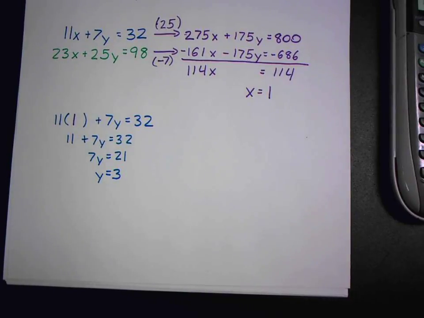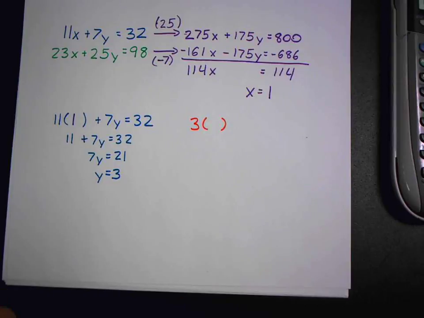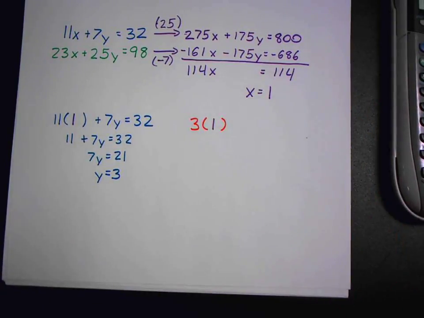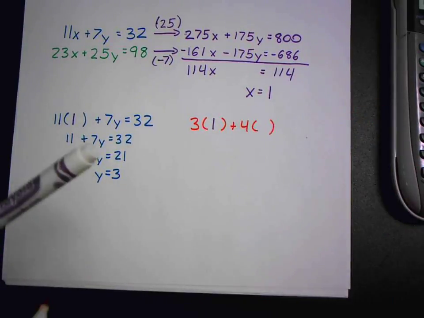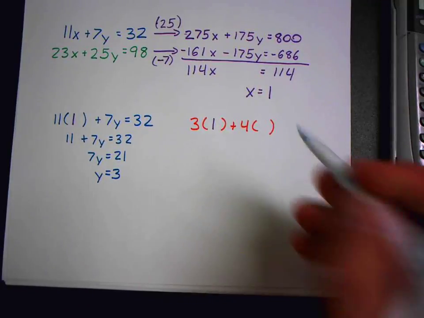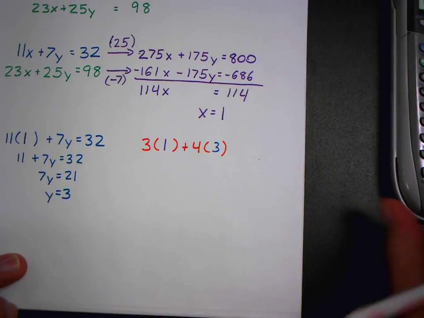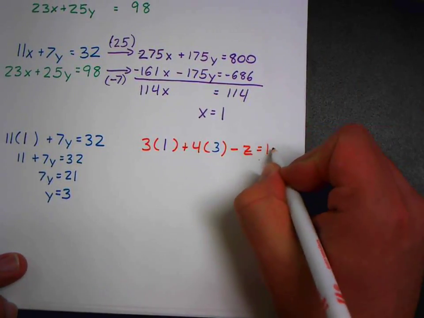So let's see. 3 times 1 plus 4 times 3 minus z equals 17.